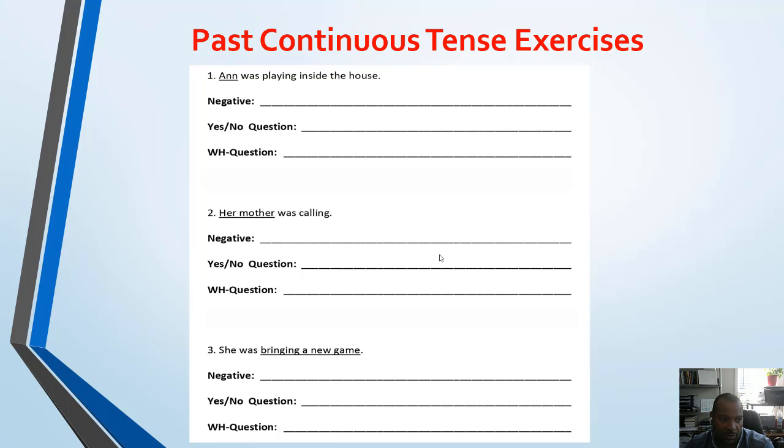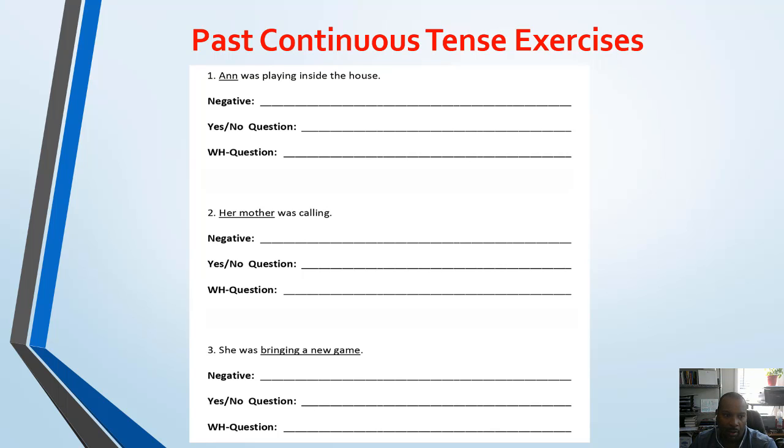If I'm rewriting this as a yes or no question, I would say, was Anne playing inside the house? And if I was rewriting this as a WH question, I would write, who was playing inside the house?